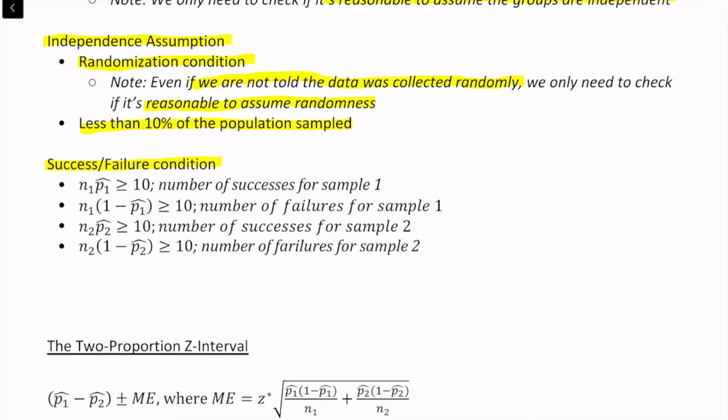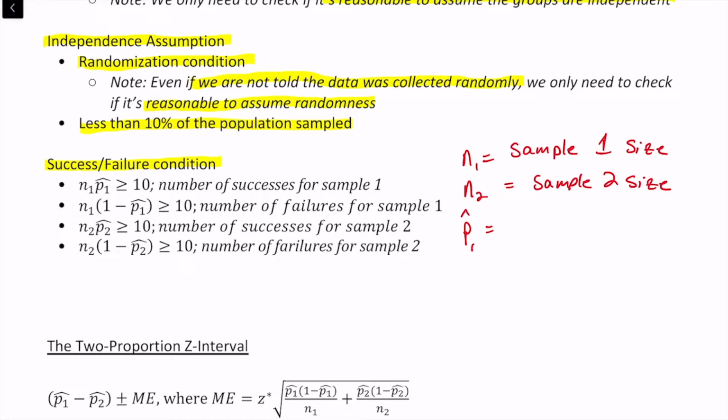N1 is the sample one size, and N2 represents the sample two size. P1 hat is the sample one proportion of success, and P2 hat is the sample two proportion.